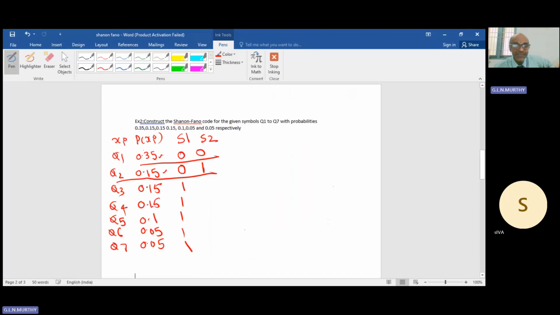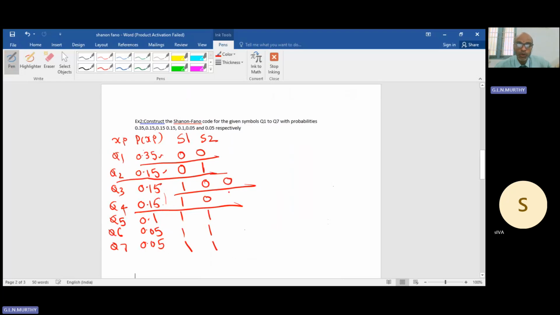And in this case, 0.15, 0.15, 0.3. So approximately 0.3 is the sum of these two, 0.2 the sum of these two. Again, two values, divide them into equal intervals.